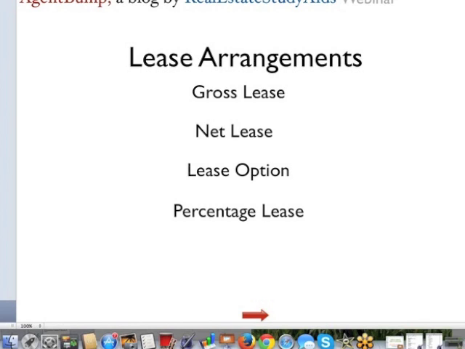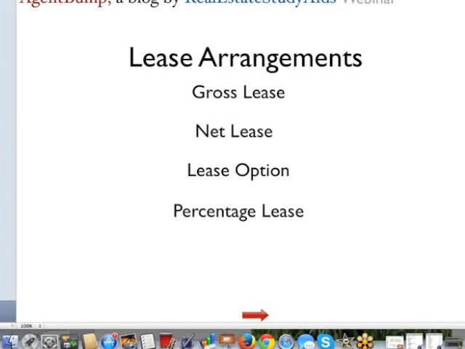Right. Gross lease, a tenant just pays a fixed amount. Okay? $1,000 a month. That's it. A net lease, the tenant pays variables. This is more consistent with a commercial property. Okay? What's a lease option? Option to buy, lease to buy. Good. Excellent.